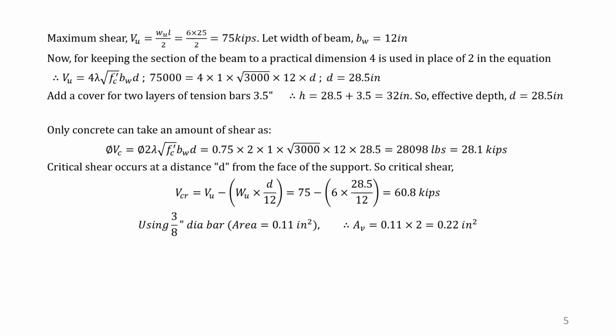If we use this value as 4, the section will be an intermediate one, and we have to use some reinforcement. And if we want to make the section smaller, then we have to change this 4 value to 6, 7, 8, and we cannot use this value more than 8. There is a limitation on this. In that case, the section will be too small.